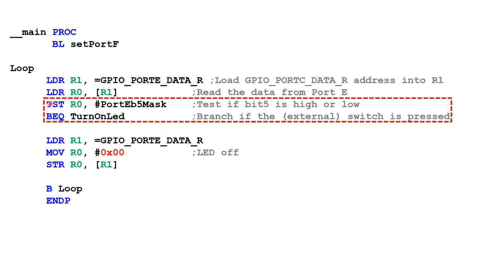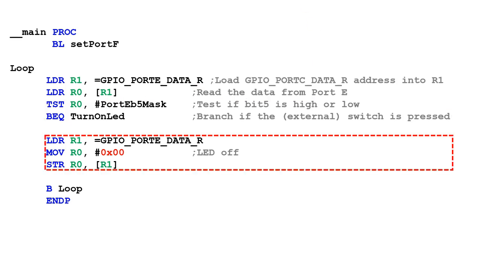These two instructions will check the status of the switch connected to port E bit 5. These next three instructions will turn the LED off. That's the purpose of these three instructions.